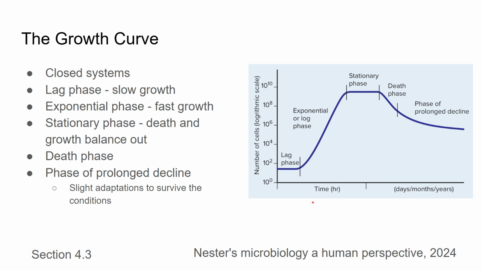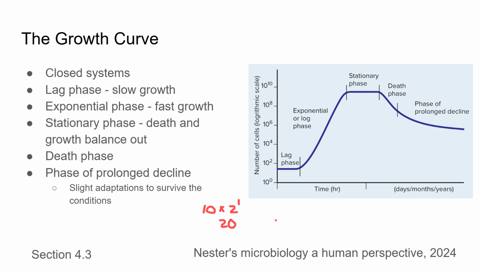So first we have our lag phase. Now this happens because exponential growth happens very slowly at the beginning. So if we consider our formula from earlier, where we have 10 times 2 to the first power, because only one generation passed, it goes to 10 times 2, which is 20.